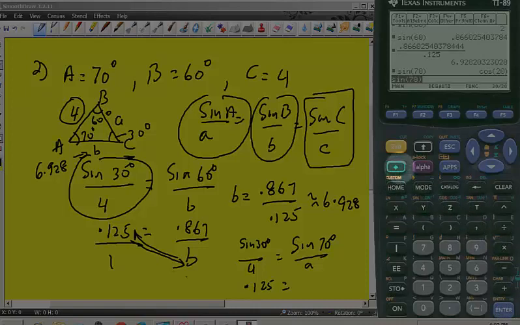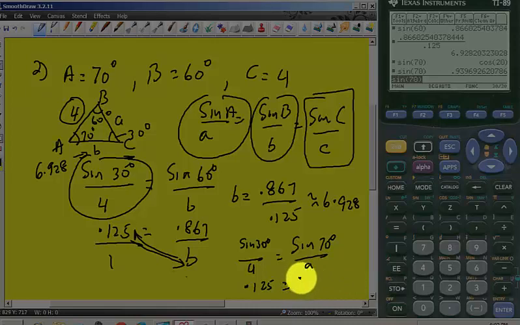Alright, I need to change this into a decimal. Keep forgetting to do that. Okay, it turns out to be 0.940 is to A. Of course, to solve A, we're going to just cross multiply everything. So my A will turn out to be 0.940 divided by 0.125.